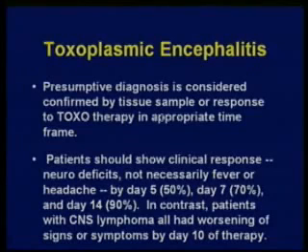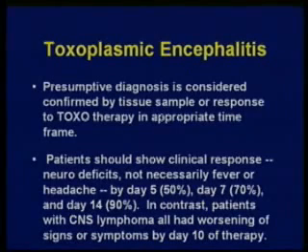Presumptive diagnosis is considered confirmed by tissue sample or response to toxo therapy in appropriate time. You see, toxo is often confused with a lymphoma. The difference is that toxo responds dramatically to treatment, very dramatically. Patients should show clinical response, neurodeficits, but not necessarily fever or headache. So the neurodeficits should clear up, but the person might still have a fever and a headache. By day 5, half of people have gotten better.